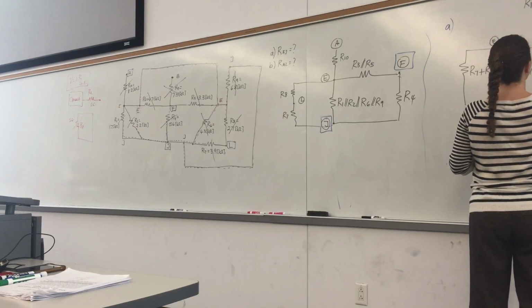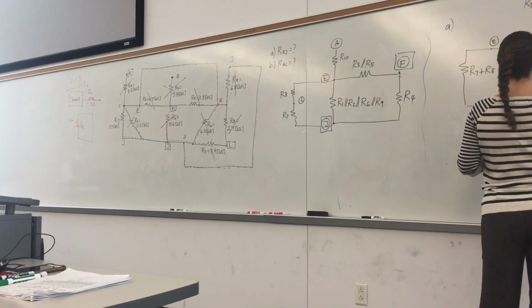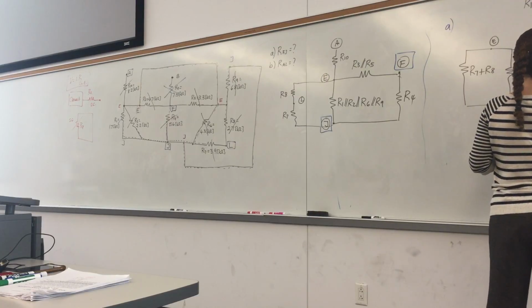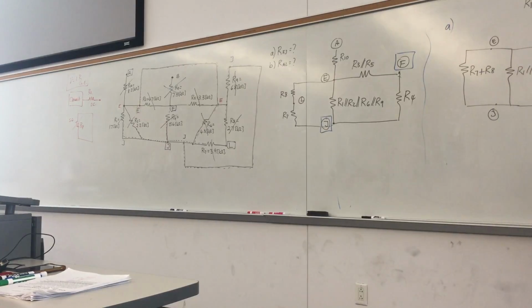This is 3 in parallel with 5. And this is R4. This is F. Okay? Now, I have 3 nodes left, right? And I want to keep J and F. That's what I want.